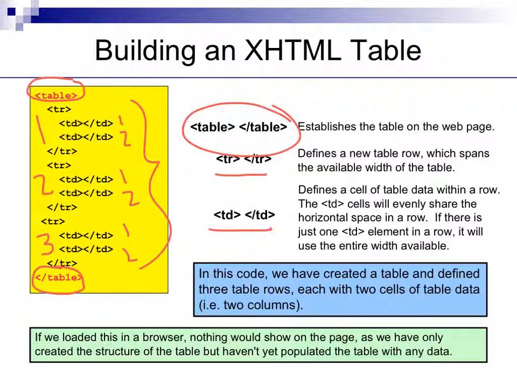Okay? So think about it. This table has 1, 2, 3 rows, and each row has 2 cells in it. If we were to delete one of these cells, then that third row would only have 1 cell in it. All right. Hopefully we understand that.